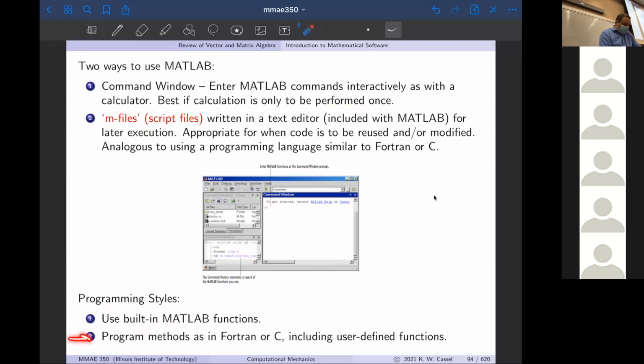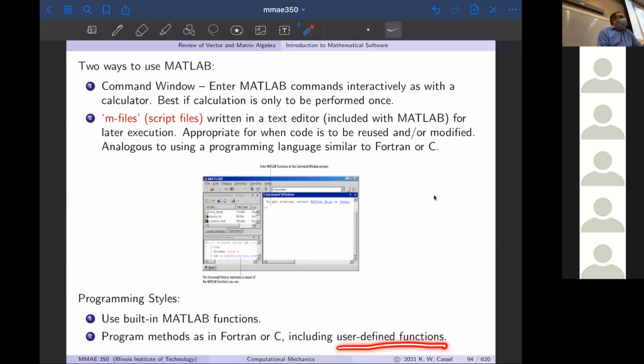The other way to use it, which you will also do in this class, is to write your own programs. So this is like how we used to do it in the good old days, Fortran and C. The point is, MATLAB, Python, the built-in functions don't always do everything you want them to. And so there are times when we'll need to write a program to do that ourselves. So they're longer, more in-depth, more detailed. We call those user-defined functions.